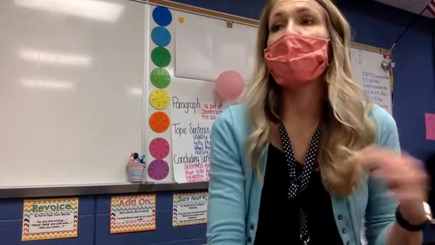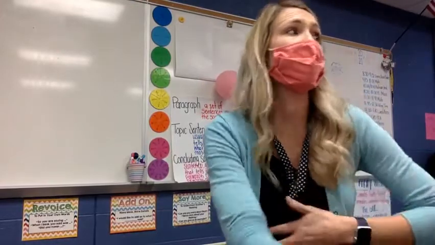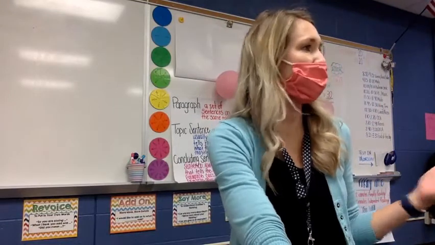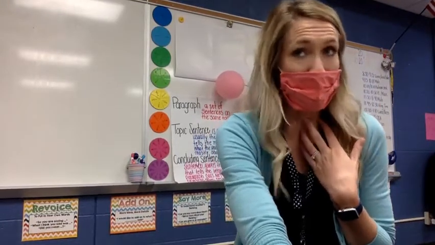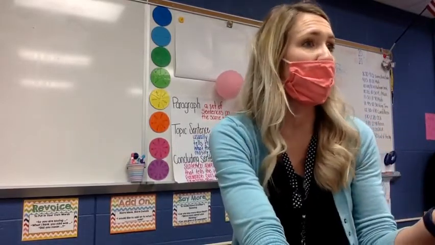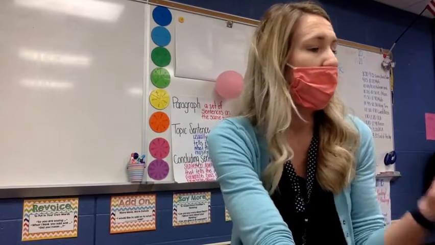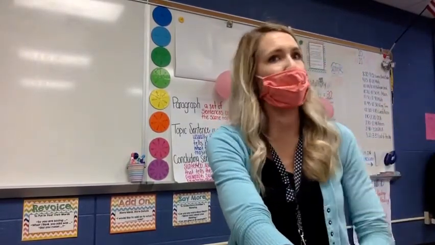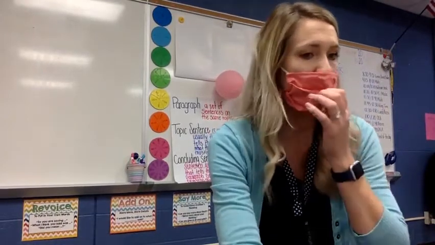Topic sentence! The topic sentence should give you the idea of what your whole paragraph should be about. If you come across a sentence like I just rattled off, where all of a sudden it has nothing to do with the topic, that's what we call an irrelevant sentence. Say that with me. Irrelevant sentence. Irrelevant means it doesn't have anything to do with anything else. And we're going to identify them today.